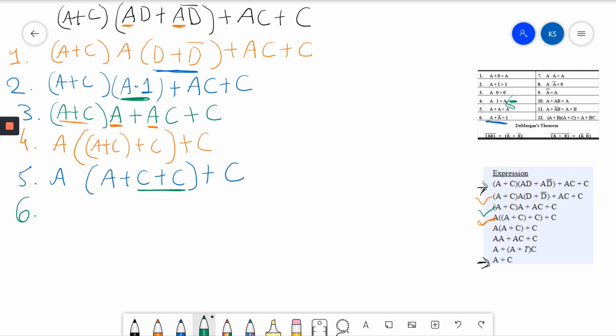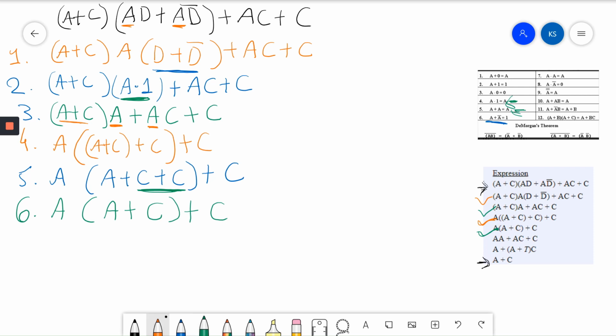See, fifth rule, a plus a is equal to a. So instead of c plus c, I can simply write c. That's it, right? Easy? Okay, so see, this step is done.